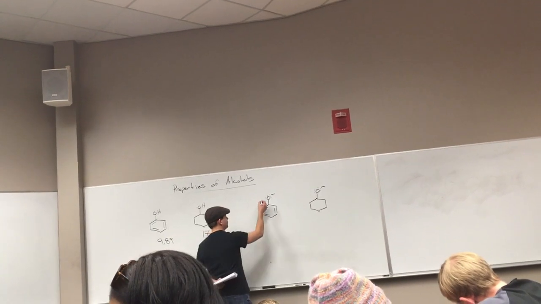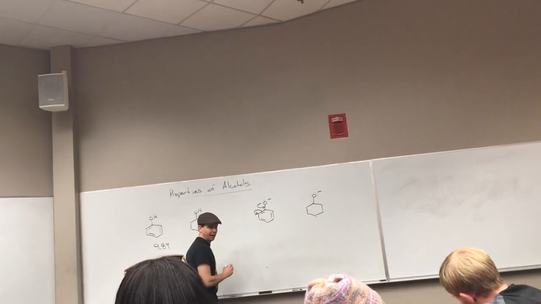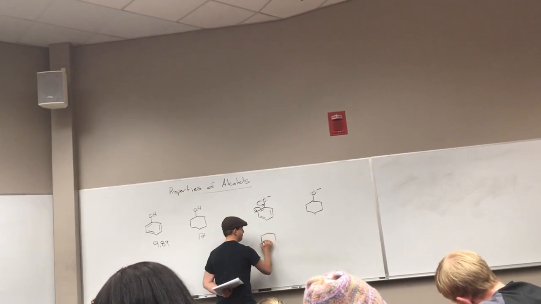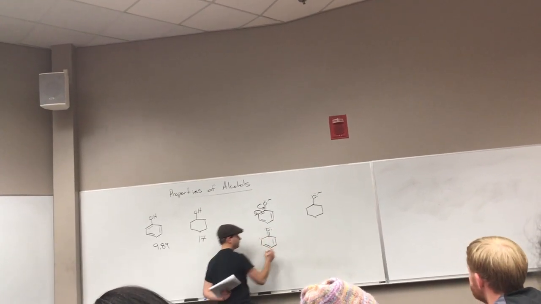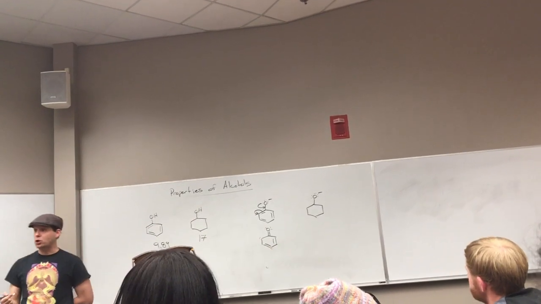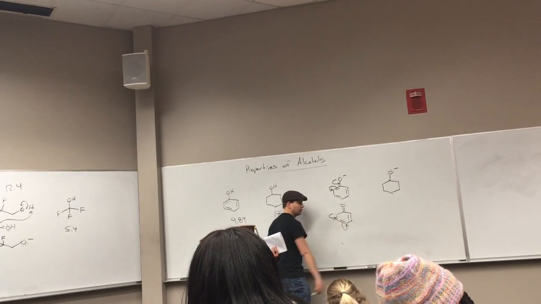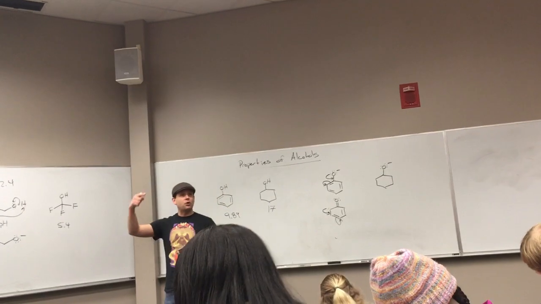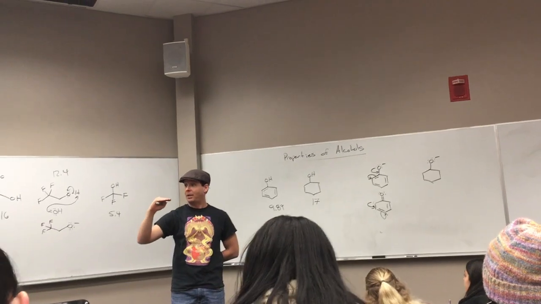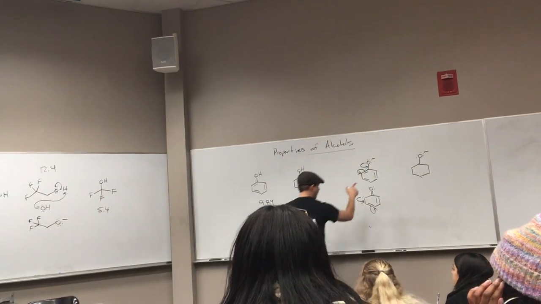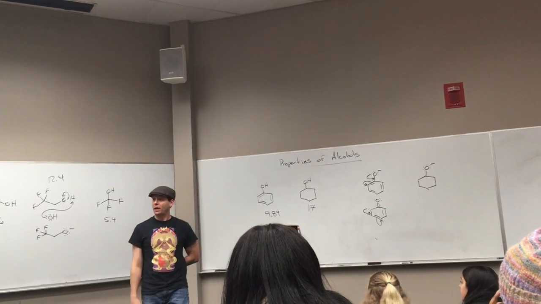For those of you that do not see that, one lone pair comes down, forcing that bond up as a lone pair here, giving me a resonance form that looks like this. And I can distribute that negative charge again, by moving this lone pair down as a double bond here and pushing it to there. By distributing that negative charge around the framework, we take what should be a very unstable conjugate base and make it more stable. The more stable your conjugate base is, the better the original molecule is at being an acid. And that's how we explain the difference there.